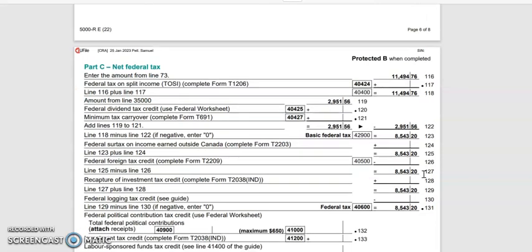We don't have anything else that we need to fill in here. We don't have any investment tax credits. We don't have any foreign tax credits. So the federal tax that is owed is your 8543.20.